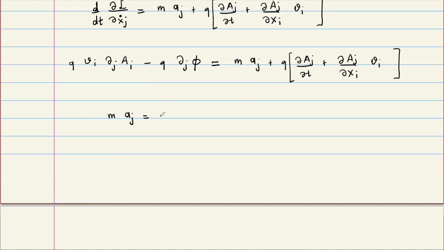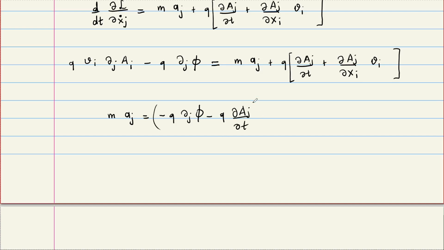So I have this term minus q del j phi, and I'll combine this term with this term. Actually, let me also put this time derivative to here, minus q del aj del t.